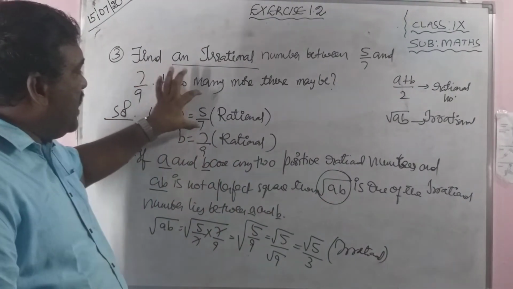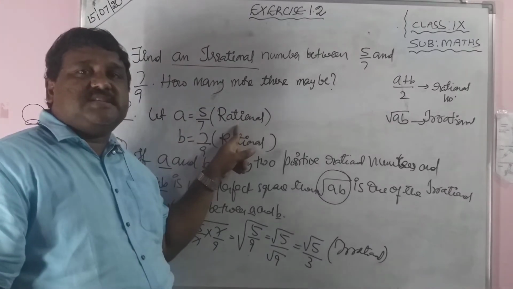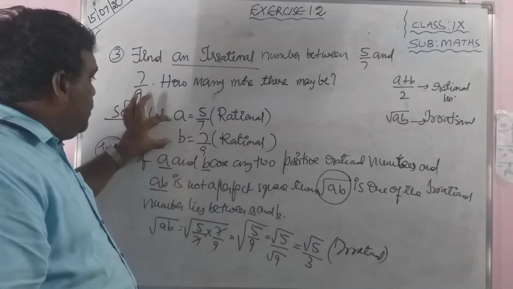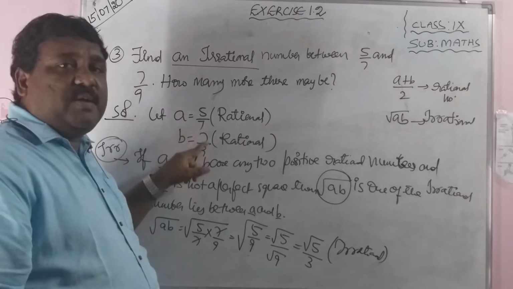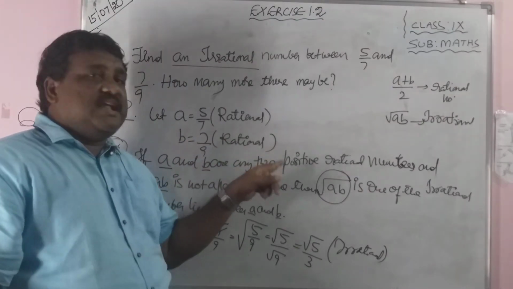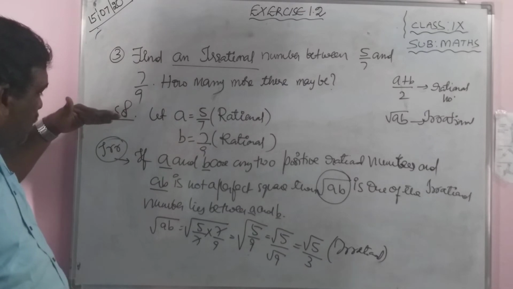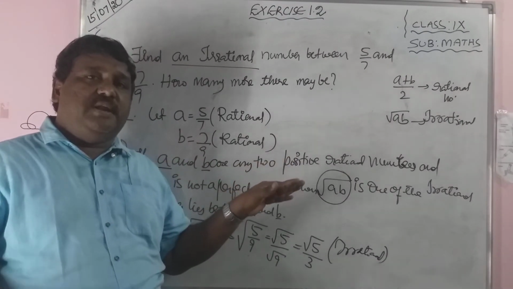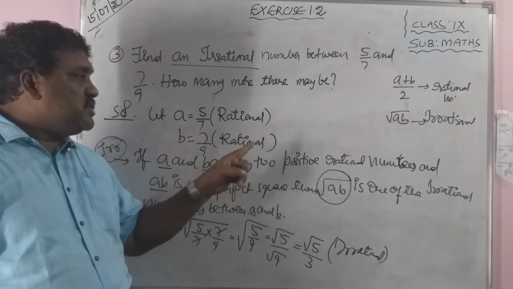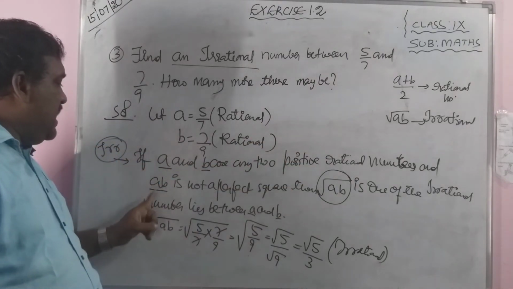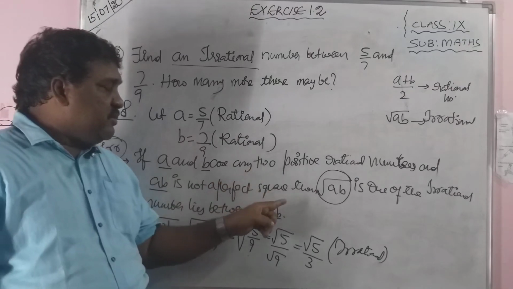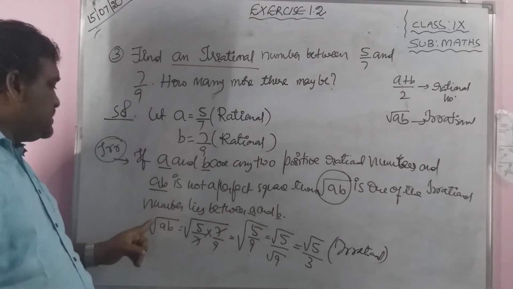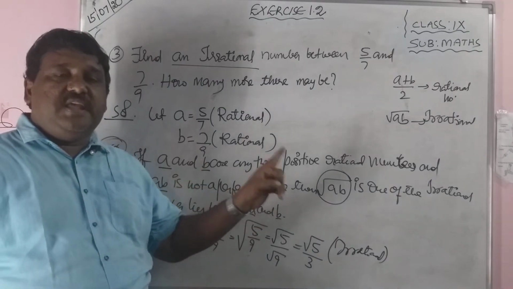The a value 5 by 7 is a rational number, clear through division. The b value 7 by 9 is also a rational number. If a and b are any two positive rational numbers and ab is not a perfect square, then root ab is an irrational number between a and b.